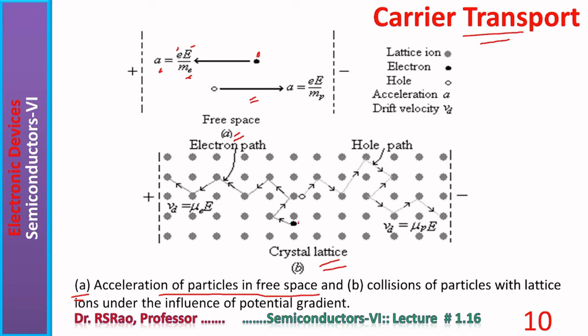Here we considered an electron. You see, this electron is first moving and colliding with an atom. Then it is moving towards another atom, colliding, another collision, another collision. These collisions lead to the movement of electrons and also holes in random paths.